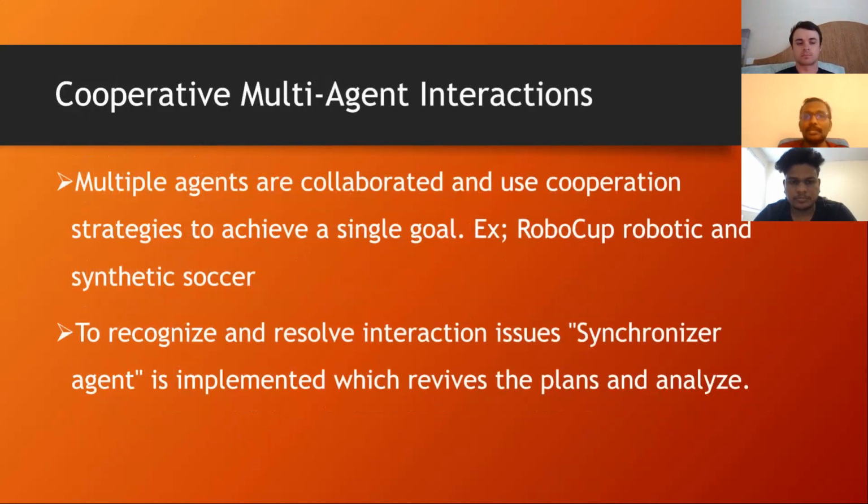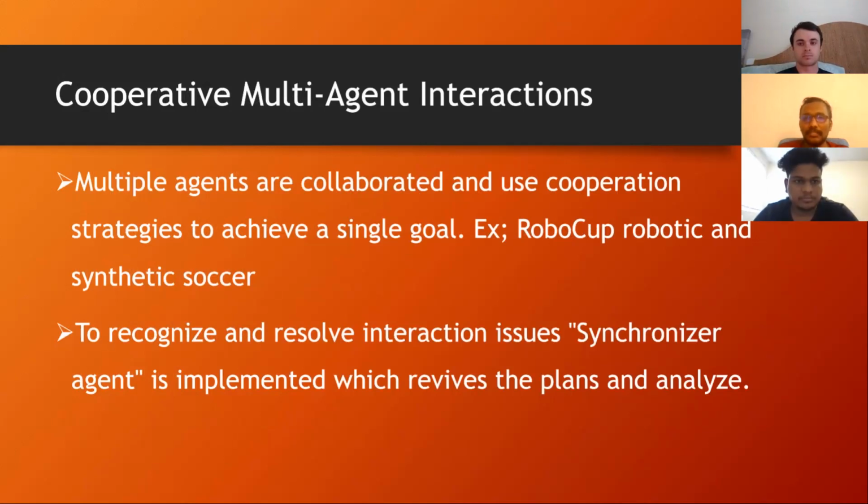Cooperative multi-agent interactions. Multi-agents collaborate and use cooperation strategies to achieve a single goal, for example, RoboCup robotic and synthetic soccer. Here, multi-agents are implemented to do the task of winning a game in a cooperative manner.